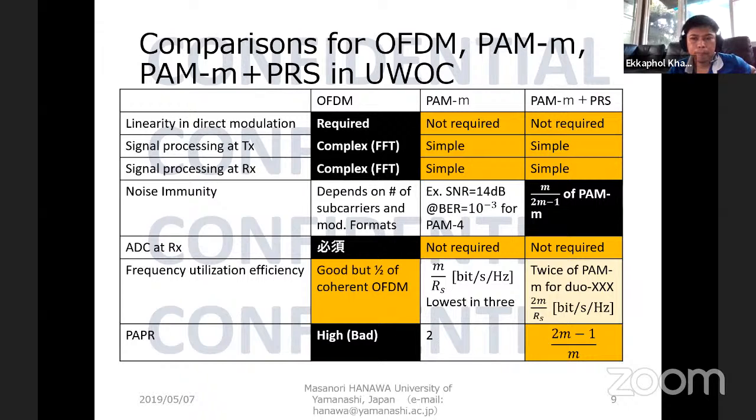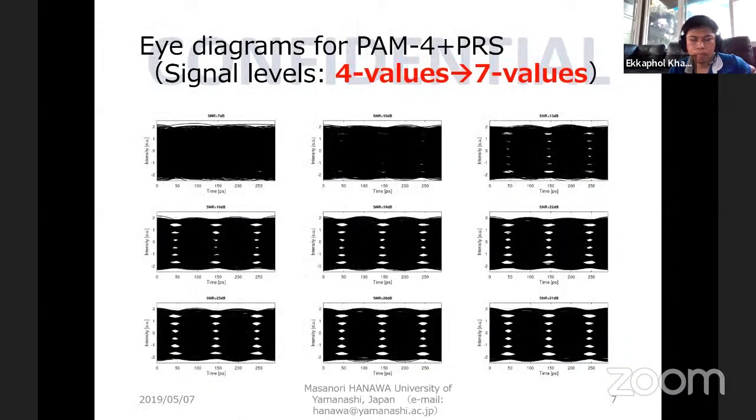But the problem is the noise immunity, as shown here. If we want to make the signal bandwidth half by introducing this type of dual PAM4 PRS signal, then we need to have more signal levels.